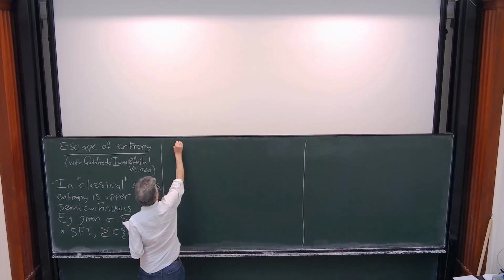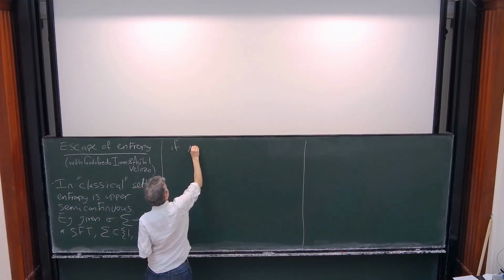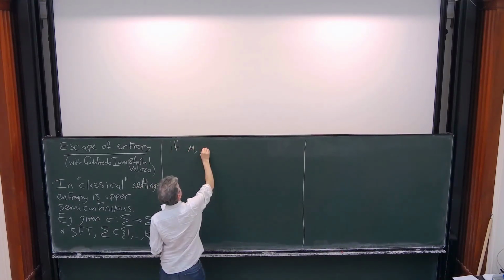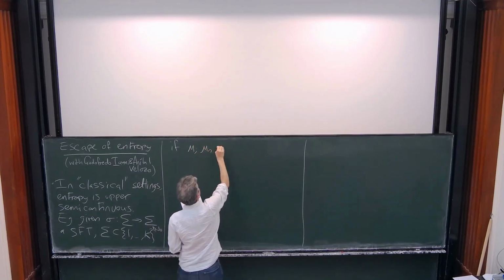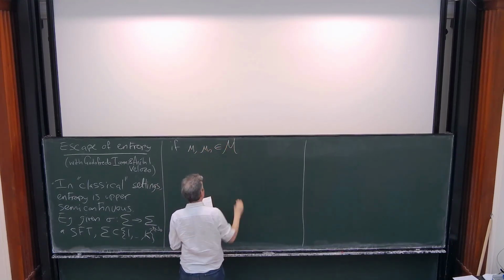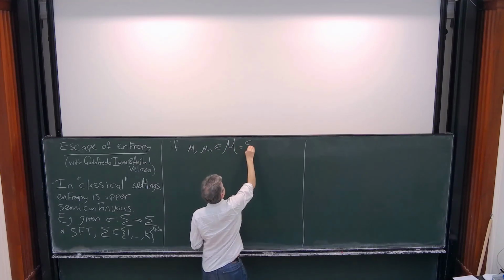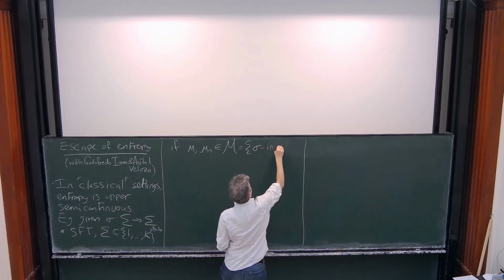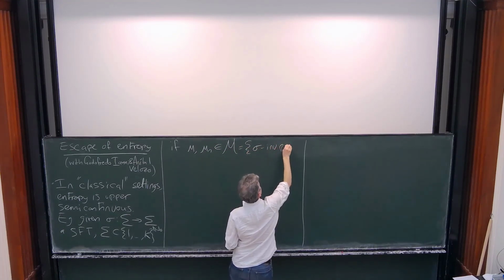If you've got mu and mu n, these are contained in script M, the sigma invariant probability measures.